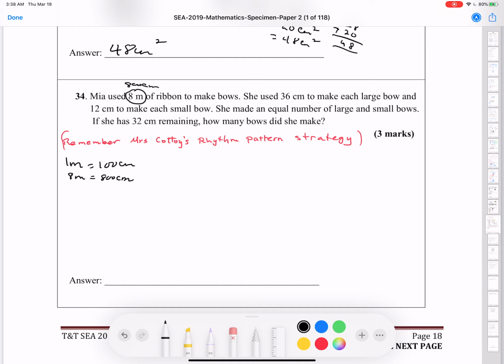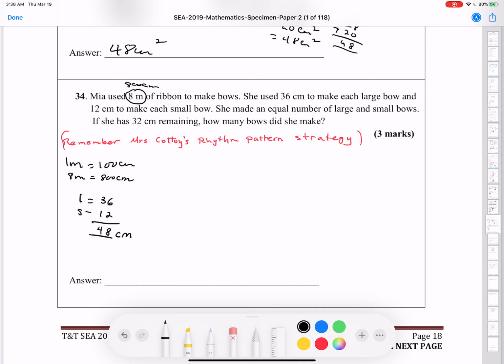So let's see how much material she used to make a large and a small bow. 36 for a large and 12 for a small. 6 plus 2, 8, 3 plus 1, 4. So she used 48 centimeters of ribbon to make a large and a small.